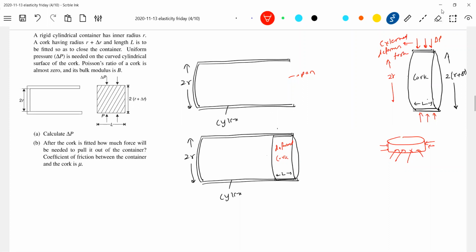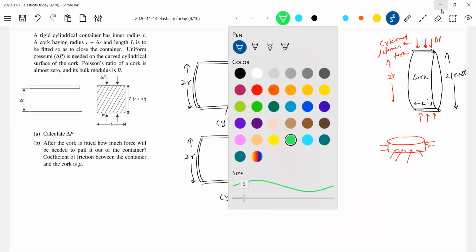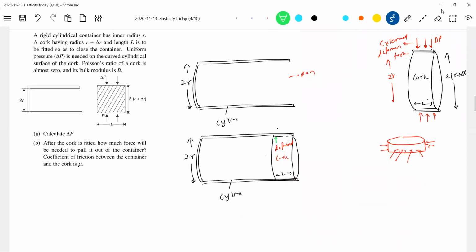Tell me how the elastic forces will be acting inside it. Elastic forces will be acting in this direction. This will be the direction of elastic forces.